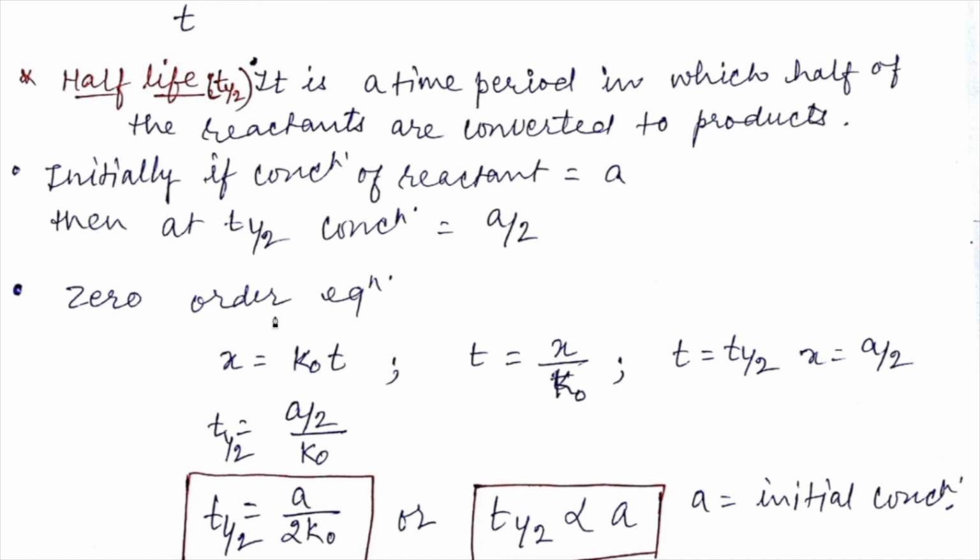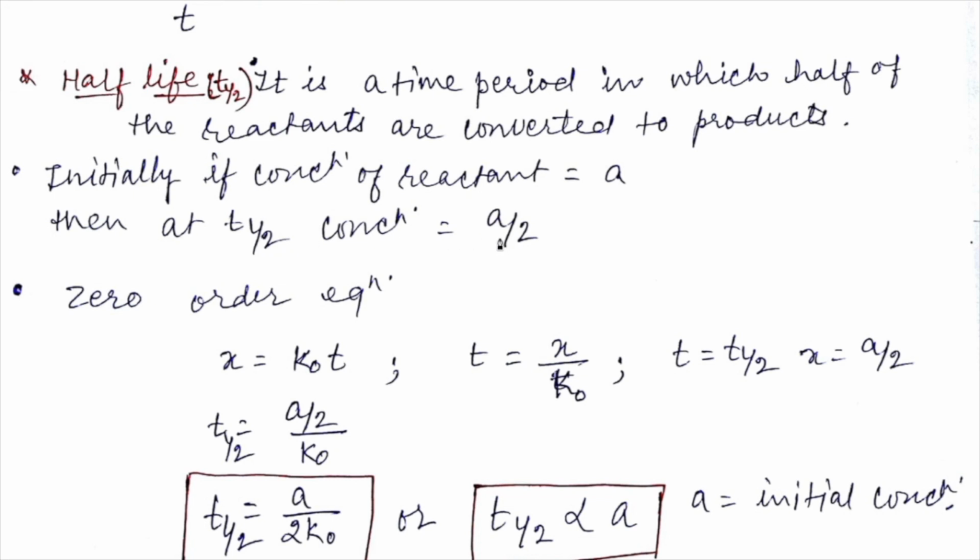That time period is known as the half-life period for a zero order reaction, and it is represented by the symbol T half. During this time period, the concentration of the reactant becomes half of its original concentration. Okay, so at T half, X is equal to A by 2.